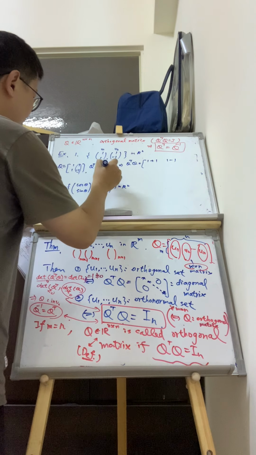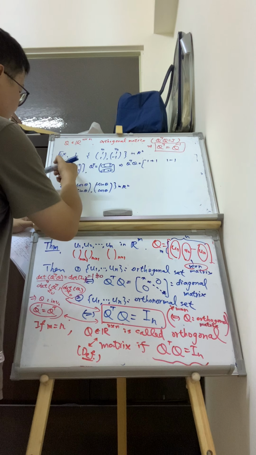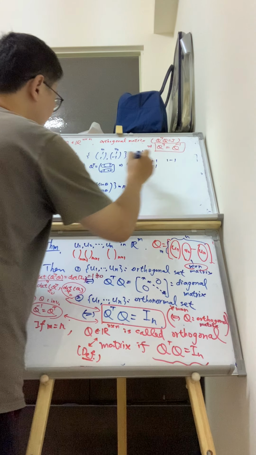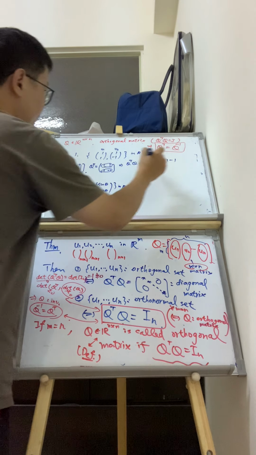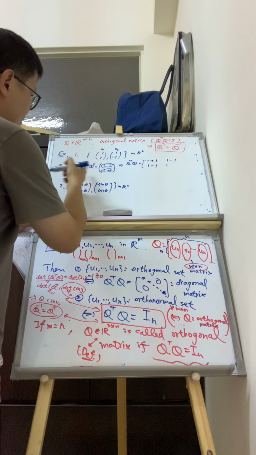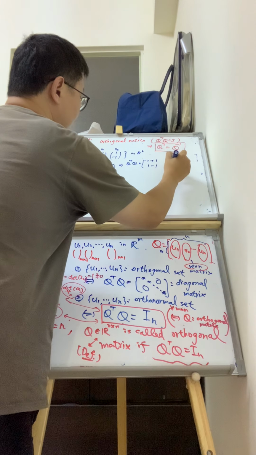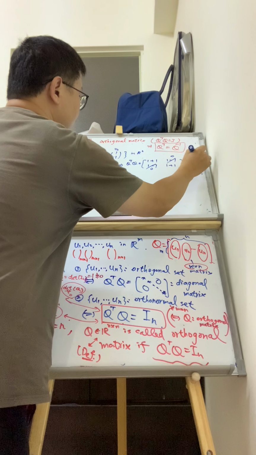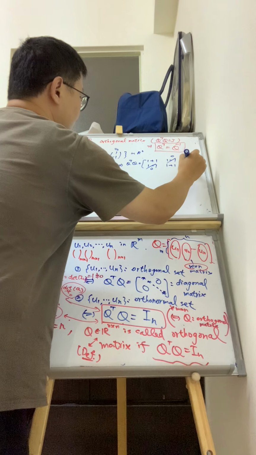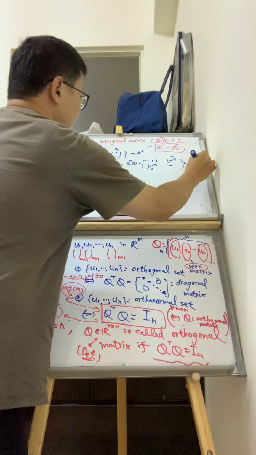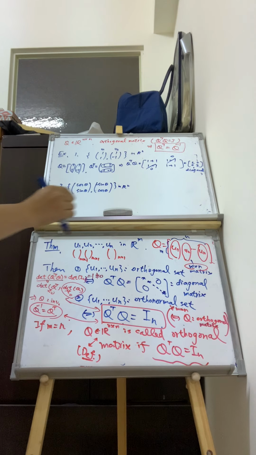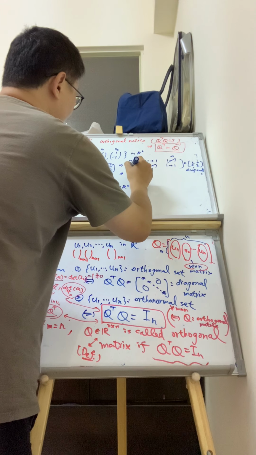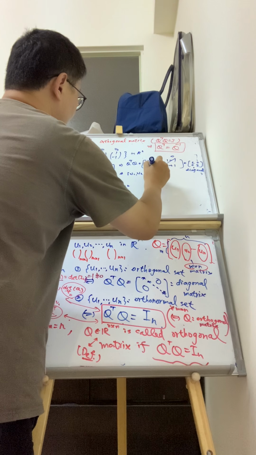And here 1 times 1 plus negative 1 times 1, so 1 subtract 1. And still 1 plus negative 1 times negative 1, so it's plus 1. So it's 2, 0, 0, 2, so it's diagonal. So Q transpose Q is exactly a diagonal matrix, so we could see that indeed these two vectors are orthogonal.